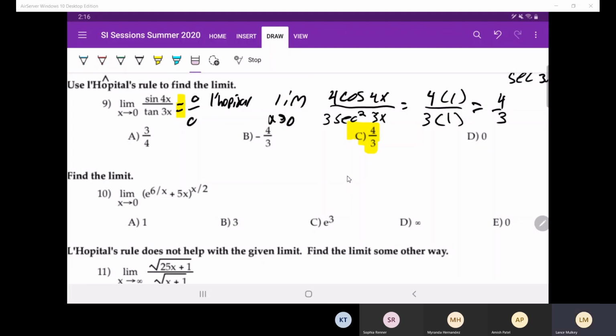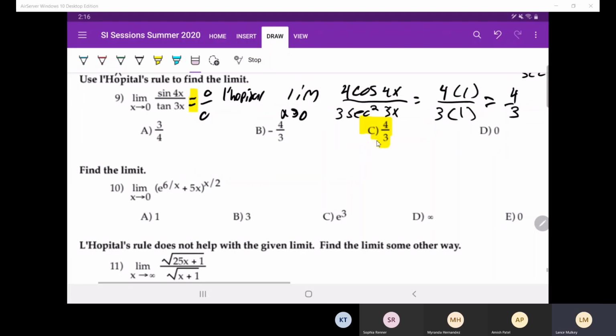Oh, there's no way. Okay, it doesn't exist in negative numbers for some reason.